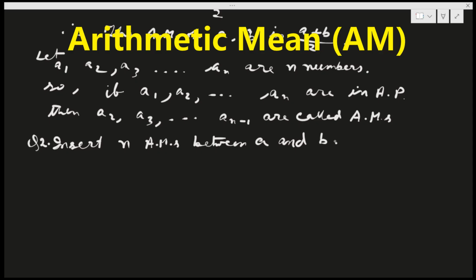See how to find n arithmetic means between A and B. First assume there are n arithmetic means and A and B are in AP.